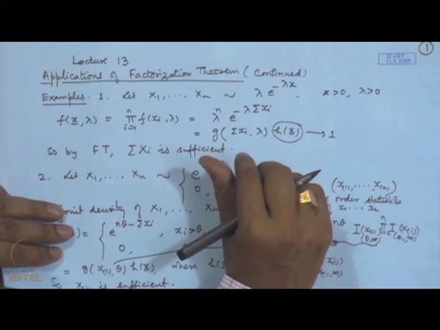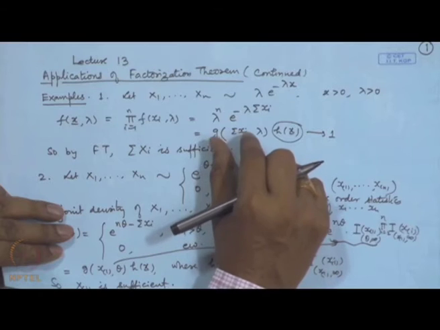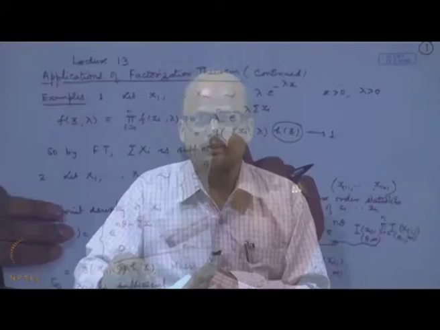Now, in the method of maximum likelihood estimator, we are maximizing the density function or the mass function with respect to the parameter. Now, the part of the density which contains the parameter contains the variable only through the sufficient statistics. Therefore, the maximization problem will give a solution in terms of the sufficient statistics alone.